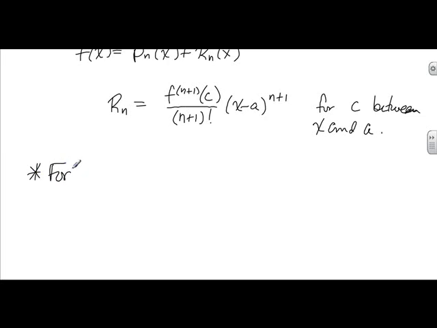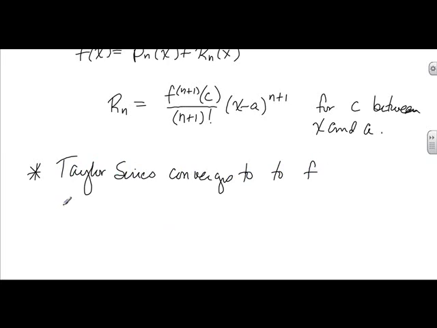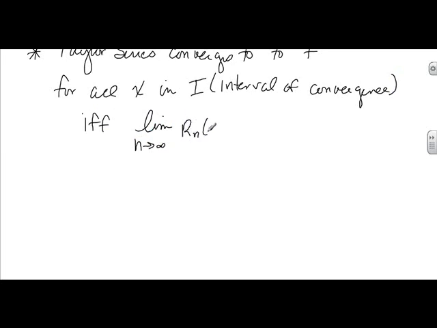There's a theorem that goes into a little more detail than that, but the gist of it is: a Taylor series converges to function f for all x values in some interval I, the interval of convergence, if and only if the limit as n approaches infinity of the remainder equals 0.